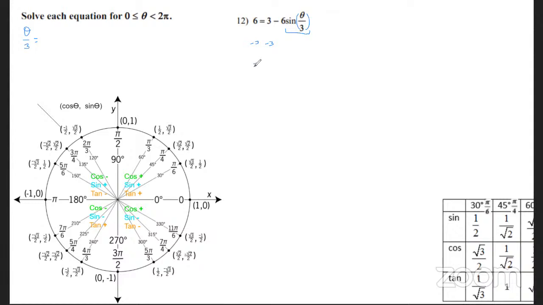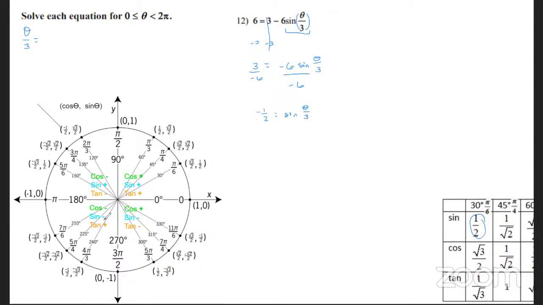So 6 minus 3 is 3. That cancels out. That's going to equal -6 sine theta over 3. Sine is being multiplied by -6, so now we can divide both sides by -6. 3 divided by -6 is -1/2 equals sine of theta over 3. Now, we have sine being 1/2 right here.